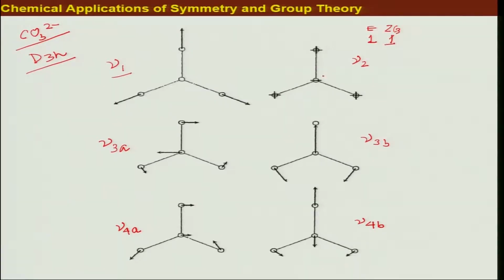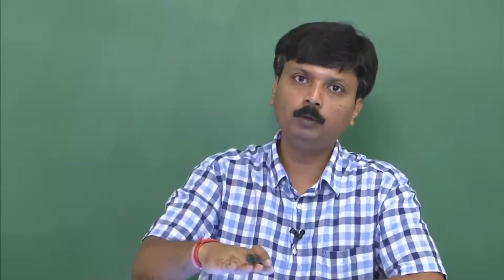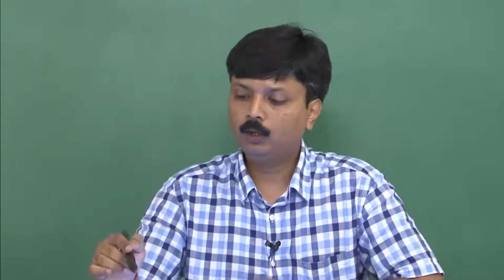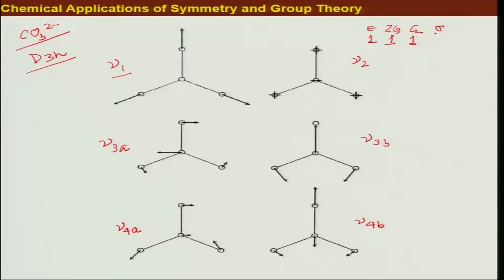Next is C2 prime. C2 prime is also going to give me the same thing, so C2 will give me a character of 1, and then we have sigma h. Sigma h is going to invert the signs, right? Whichever was above the plane will now go below the plane, and whatever was below the plane will now come up. So that will invert the structure. So it is going to give me -1, all right.